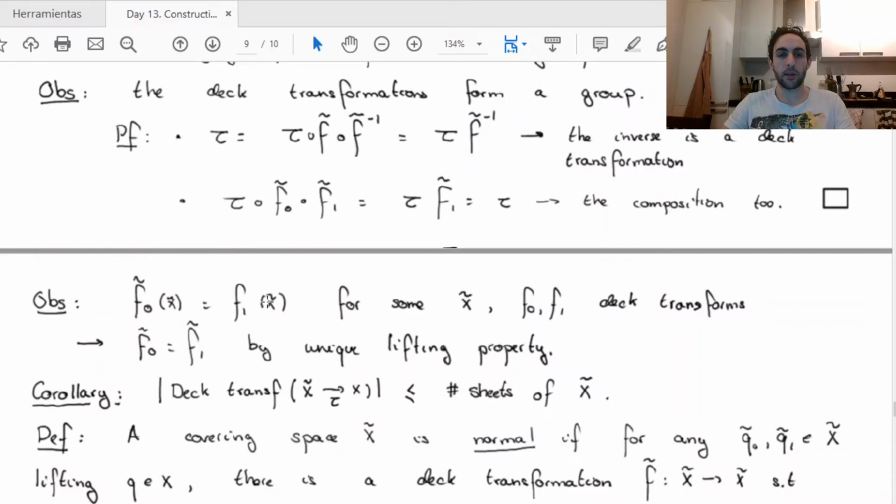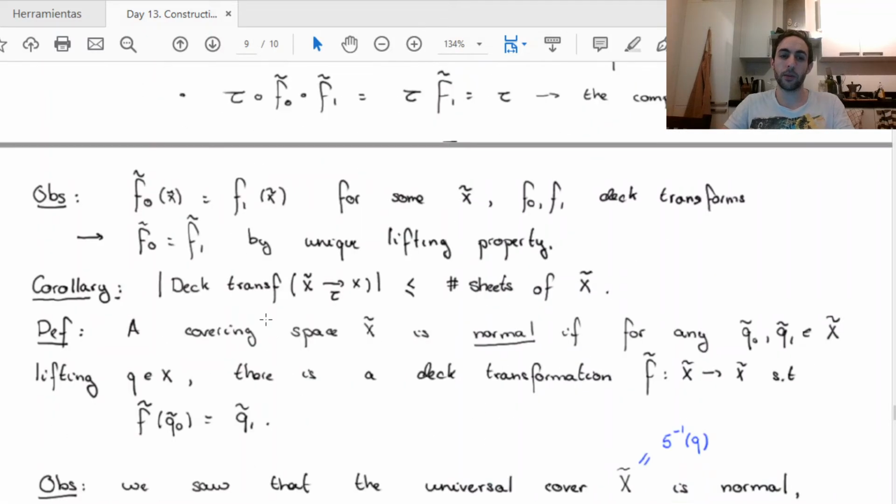Both of them are lifts of tau, and both map a given point to the same point. So by the unique lifting property, they must be the same, because once I've lifted one point, all the others are determined. So once I fix the image of one point, the two deck transformations are the same. And that proves the claim that there are at most as many deck transformations as sheets of X tilde.